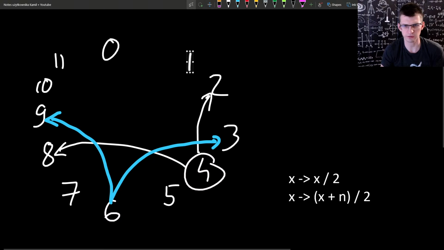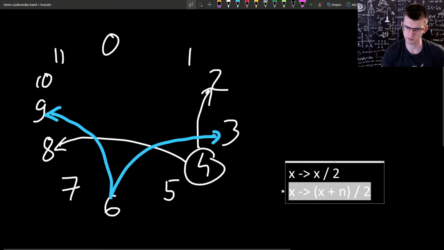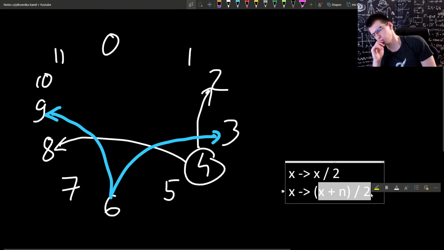From 1, you can get to anywhere because you multiply by... no. Yes. Well, you have unique multiplication by 2. Do you? What is this? Plus n over 2.